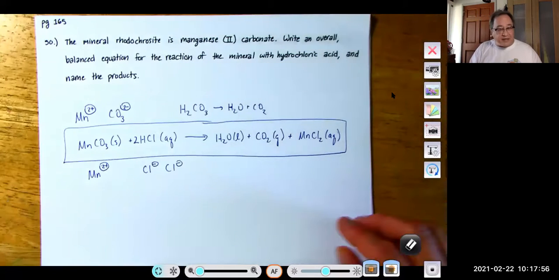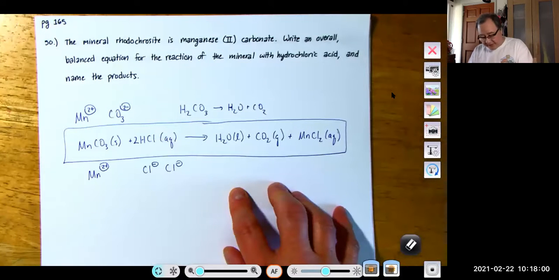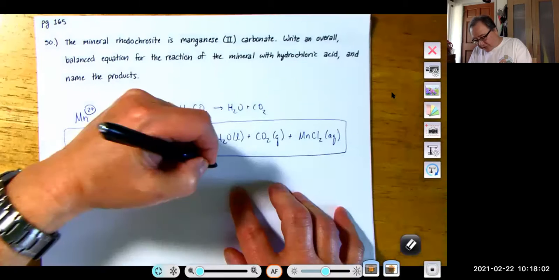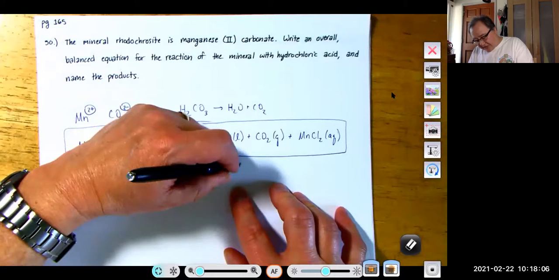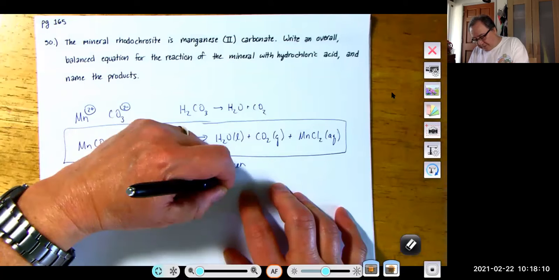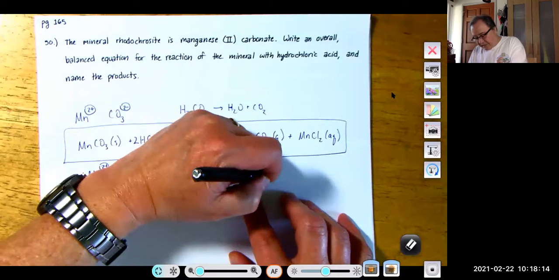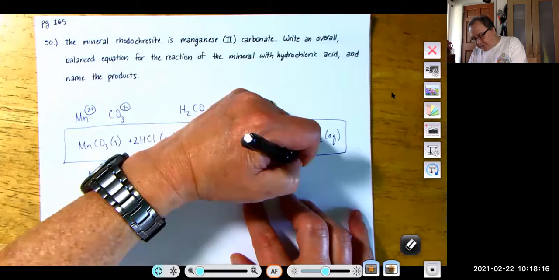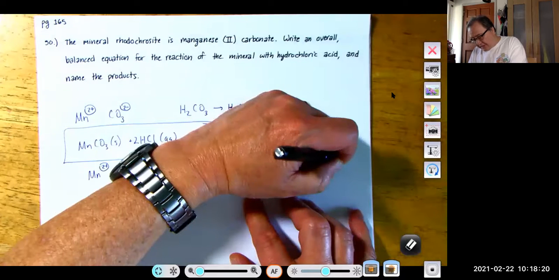Let's name them based on what we've learned for the standard way of naming things. So this would be dihydrogen monoxide. This would be carbon dioxide. And this would be manganese 2 chloride.